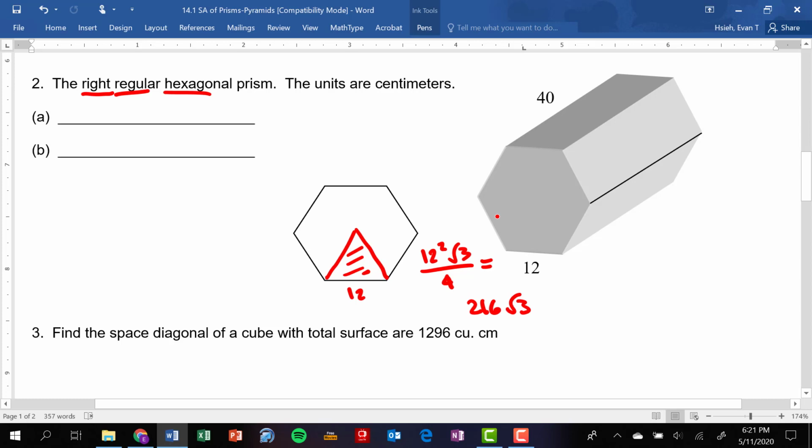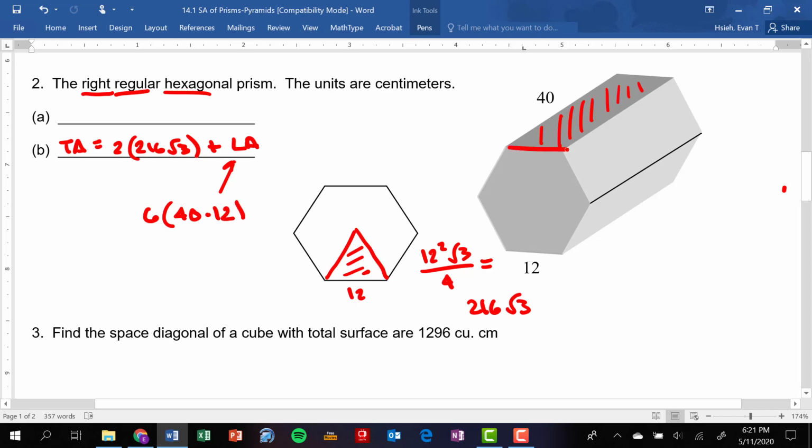And then obviously to find the total surface area, I'm going to have to do 2 of those bases, 2 times 216 root 3, and then add the lateral area to it. The lateral area consists of all of these guys over here. There's going to be 6 rectangles that I need to add for the lateral area. So it's going to be 6 of, what is it, 40 times 12, right?